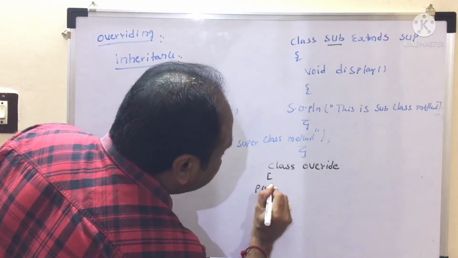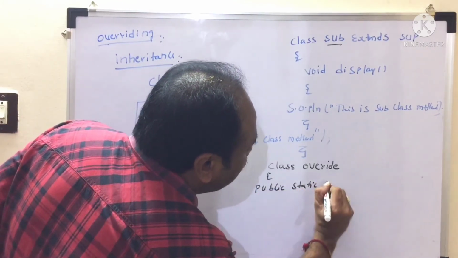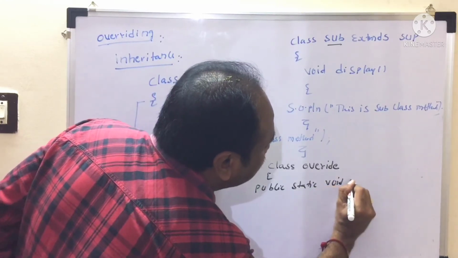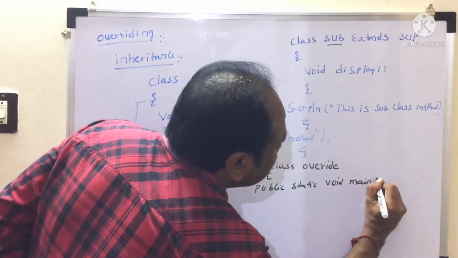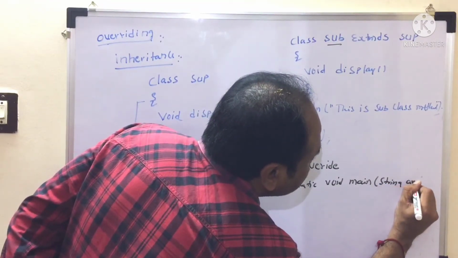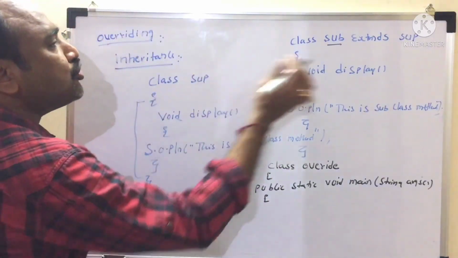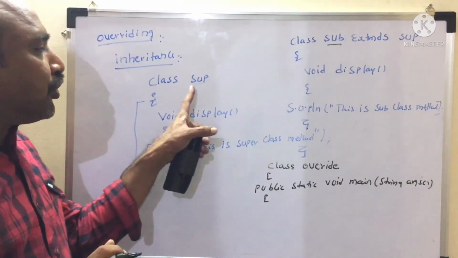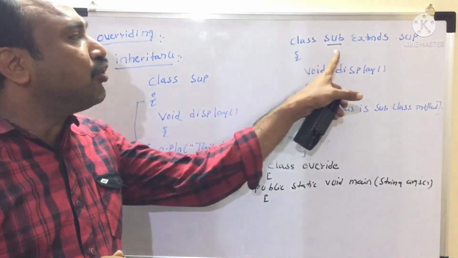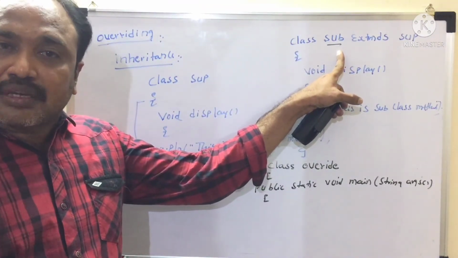Then write public static void main String args. Normally, if these are two separate classes, we have to create an object to the superclass and an object to the subclass. But what is the advantage of the inheritance concept?